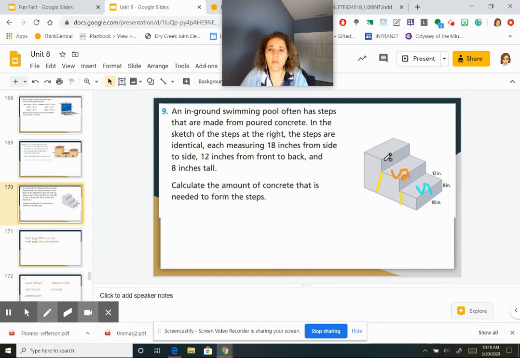Then we have our last shape in the back, and we're going to label that one volume 3. And since I did purple on my last example, I'm going to also do purple for this one. If it helps you, you can color one of them, so it can help you see the shapes.